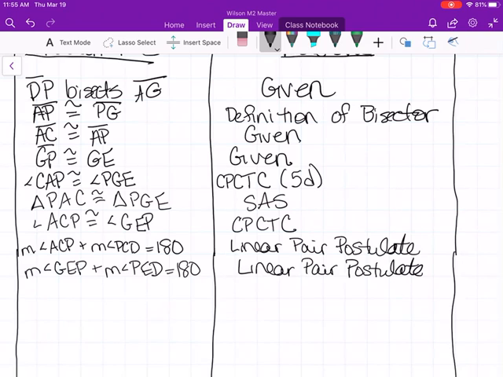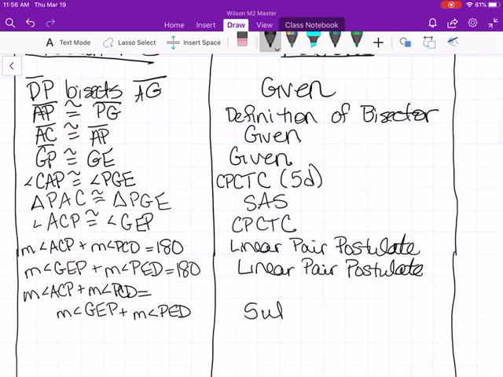If they both equal 180, then what I can say is the measure of angle ACP plus the measure of angle PCD equals the measure of angle GEP plus the measure of angle PED, and that is by our good old substitution. Remember that back in one of our previous units we used that quite a bit.